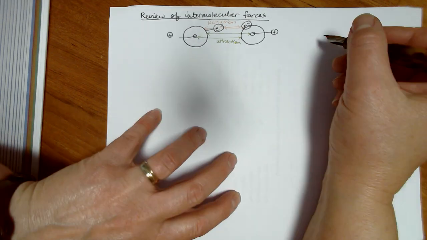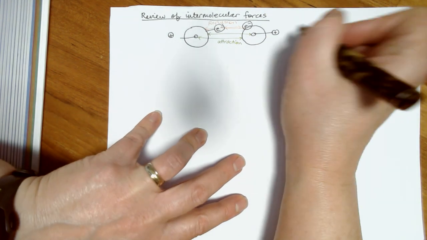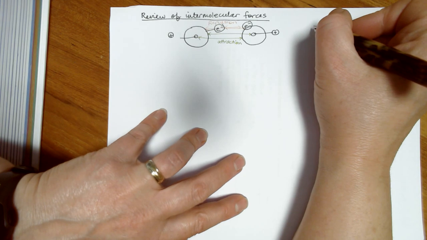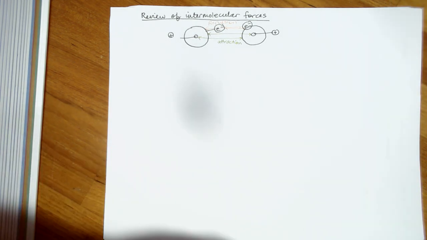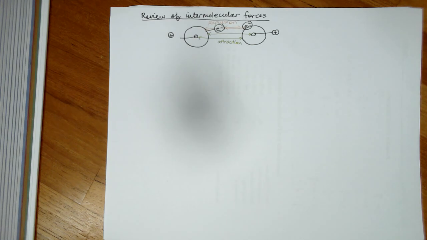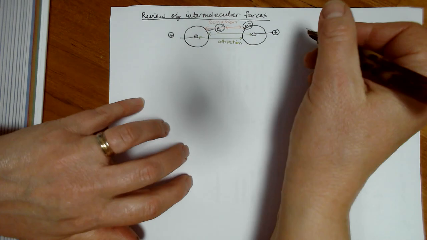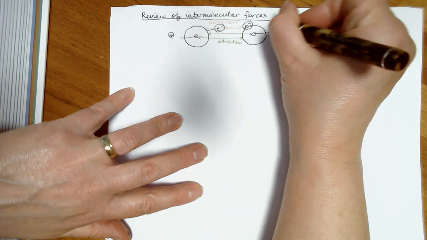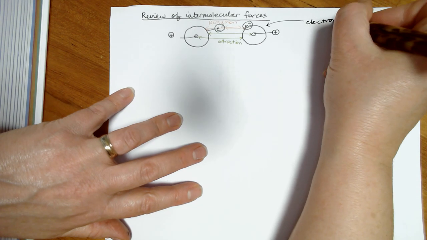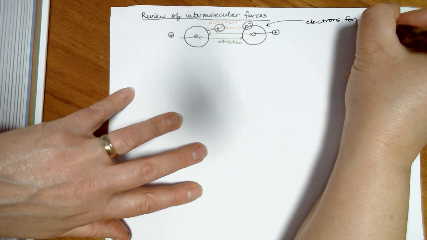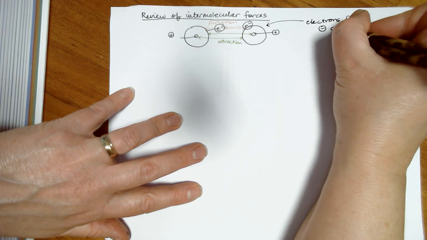The other thing we need to think about is what the electrons are like around this atom. We've had some conversations about the quantum nature of atoms, and the way we want to think about these electrons is that they form a negatively charged cloud around the atom.